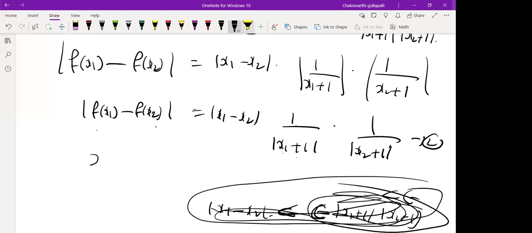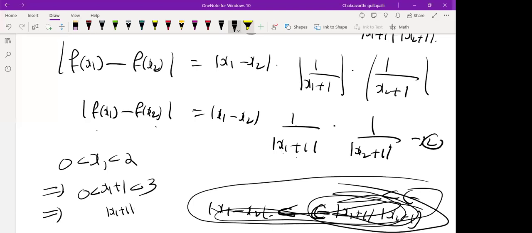We have x1 is between 0 and 2, which implies x1 plus 1 is between 1 and 3.